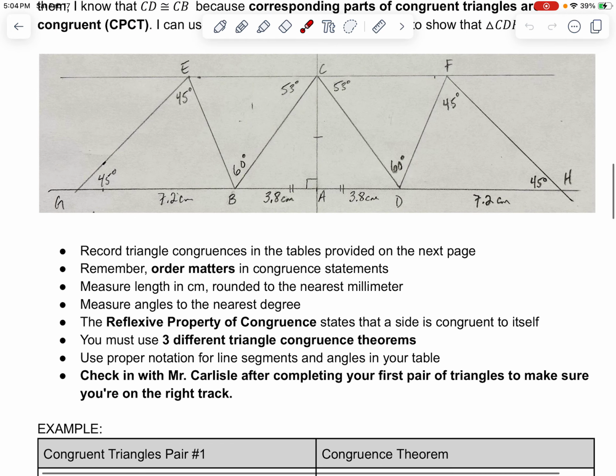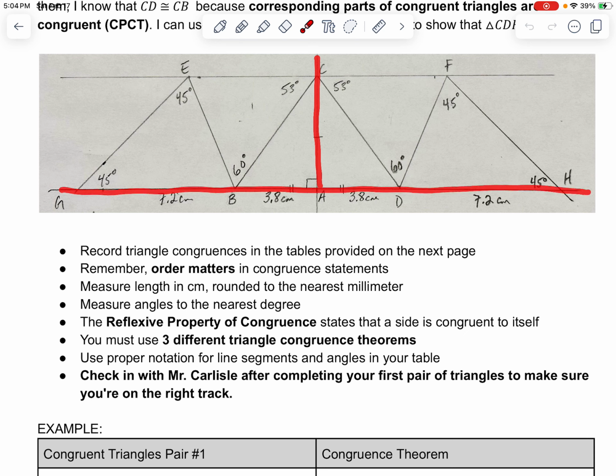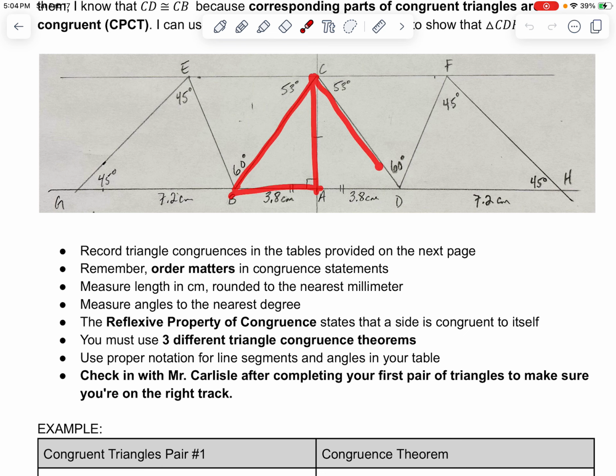As we're constructing these, we're going to have a rule in mind. I'll show you in just a minute that I started with a baseline, and then the center line, which I made a 90-degree angle. Then I started by constructing these 2 triangles first so that I can guarantee that they are congruent, because I made this side equal to itself, I made a 90-degree angle, and then I have another side here that matches this.